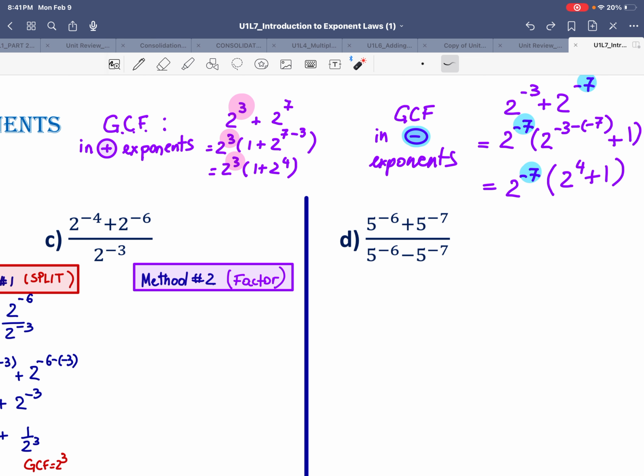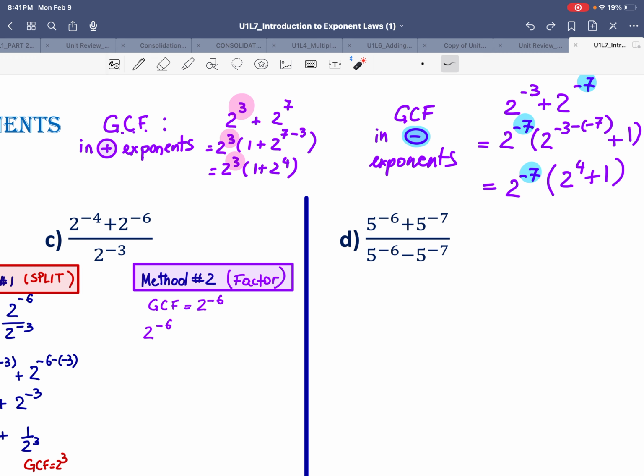When you look at these two exponential numbers, 2 to the negative 4 and 2 to the negative 6, the smallest number is 2 to the negative 6. Remember, that's 1 over 2 to the power of 6, whereas this is 1 over 2 to the power of 4. So this is the greatest common factor, and that's what we are going to write right here.